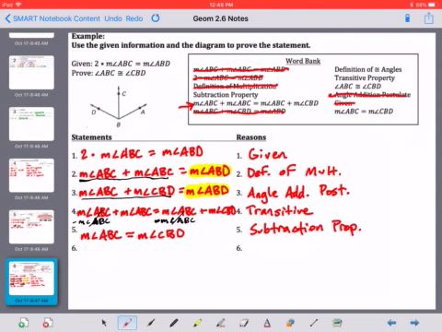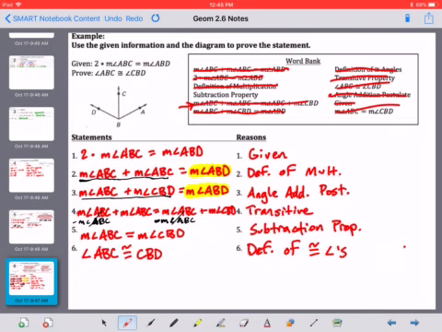And lastly, if the measures are equal, the angle ABC must be congruent to angle CBD. That's just the definition of congruent angles. So we used that, that, that, and that. So that was a little bit tough, but we survived. If you guys have any questions on this proof writing, please don't hesitate to ask, and we'll see you guys next time.